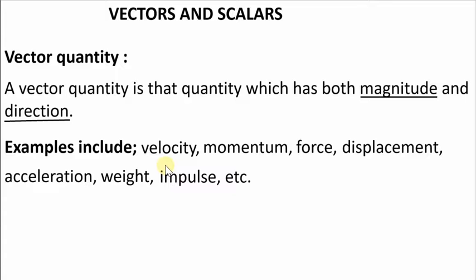If you say you saw a car moving at 80 kilometers per hour, that is just speed. But if you say I saw a car moving at 80 kilometers per hour in the eastern direction, then you are describing velocity, meaning you have included the speed, which is 80 kilometers per hour, and also the direction in which the vehicle was going, the eastern direction.